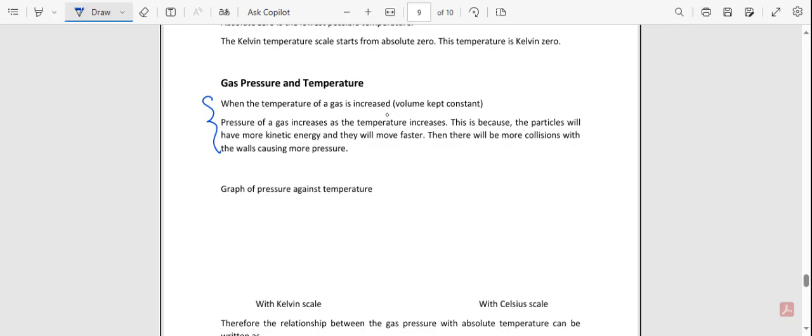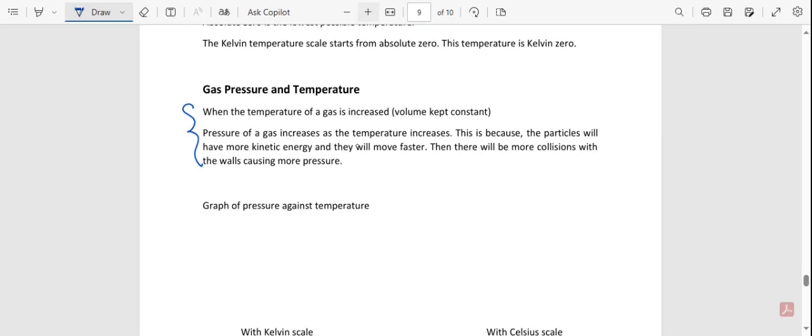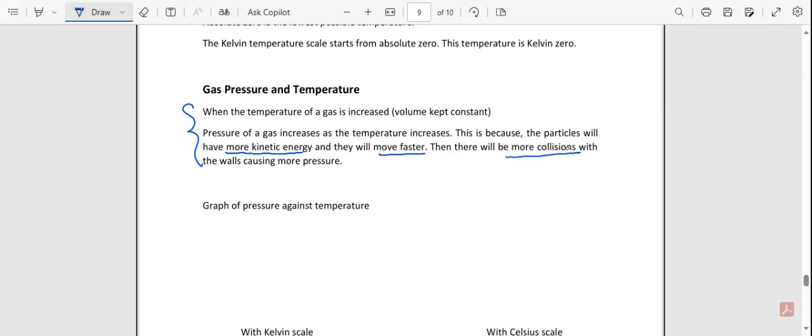When the temperature of a gas is increased while keeping the volume constant, the pressure of the gas increases as the temperature increases. This is because the particles will have more kinetic energy and they will move faster. Then there will be more collisions, causing more force, which leads to more pressure.